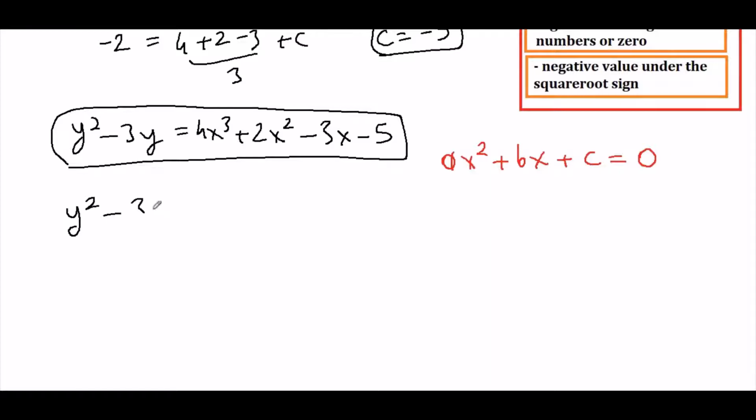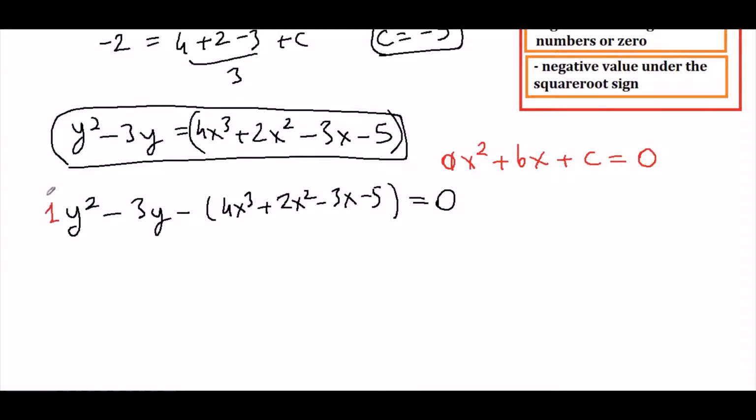So y squared minus 3y, and we subtract this whole constant on both sides. So y squared minus 3y minus (4x cubed plus 2x squared minus 3x minus 5) equals 0. Now this is our standard form.